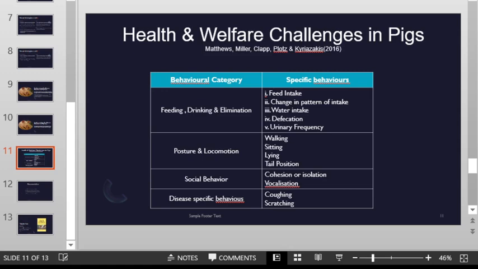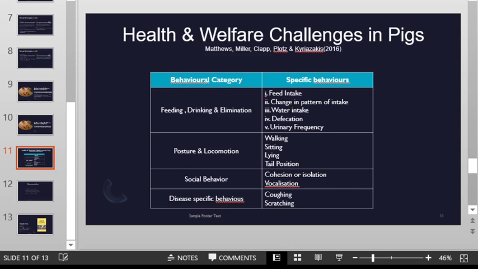If the animal is sitting for a long period of time without getting up, despite external stimuli to stand up, then something is wrong with the animal. Or if the animal is even dog sitting, just sitting on their hind legs, then it's a sign that something is wrong. Or the animal is lying down on the side for a long period of time, then it's a definite sign that there's something wrong with the animal.